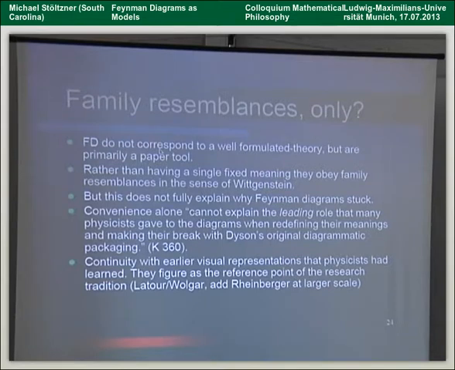And also Kaiser sees, well, cannot really explain the leading role that many physicists gave to diagrams when redefining their meanings and making the break with Dyson's original diagram packaging. But now he goes, and that's still right, he says, well, there's a continuity with earlier visual representations that physicists had learned, and that's a reference point of the research tradition.